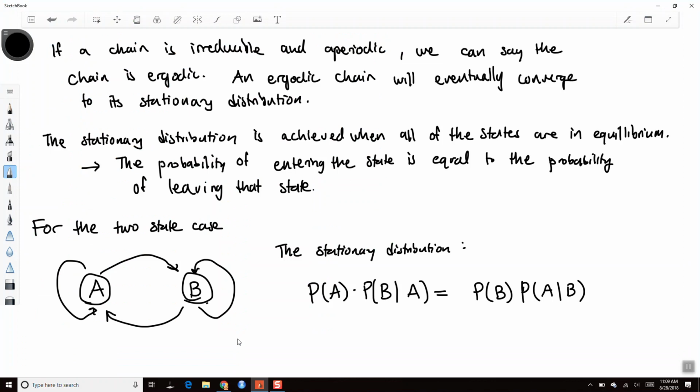But this is true only at equilibrium. Okay, so this is true during the stationary distribution. When you're not at the stationary distribution, this is not true. Okay.